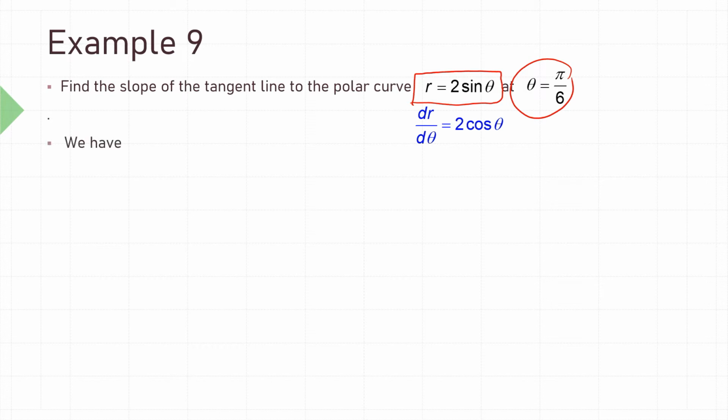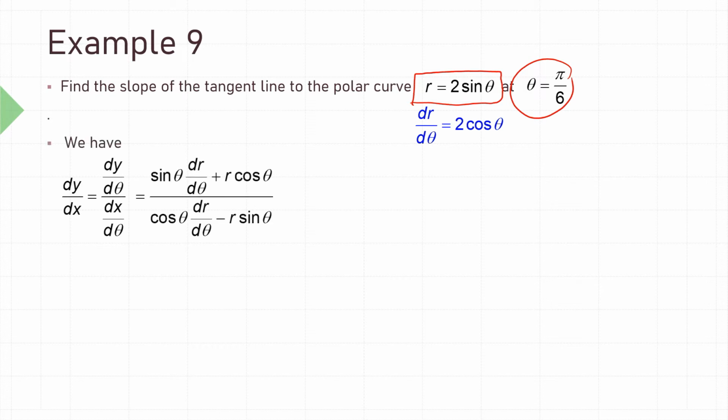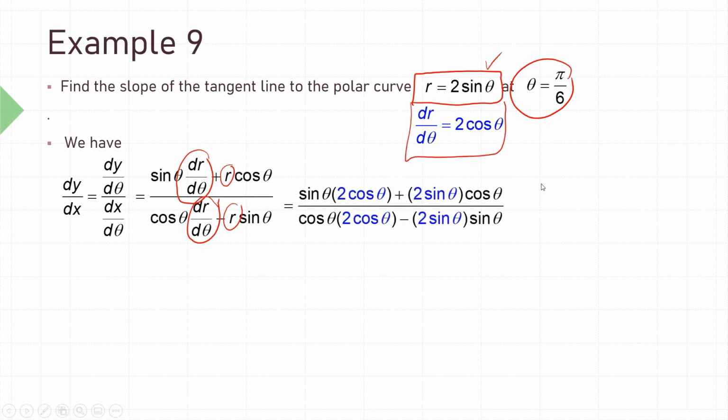Now we substitute the value of r and dr over d theta inside this formula, and we have this one. Simplifying, we have 4 sine theta cos theta divided by 2 cos squared theta minus 2 sine squared theta.